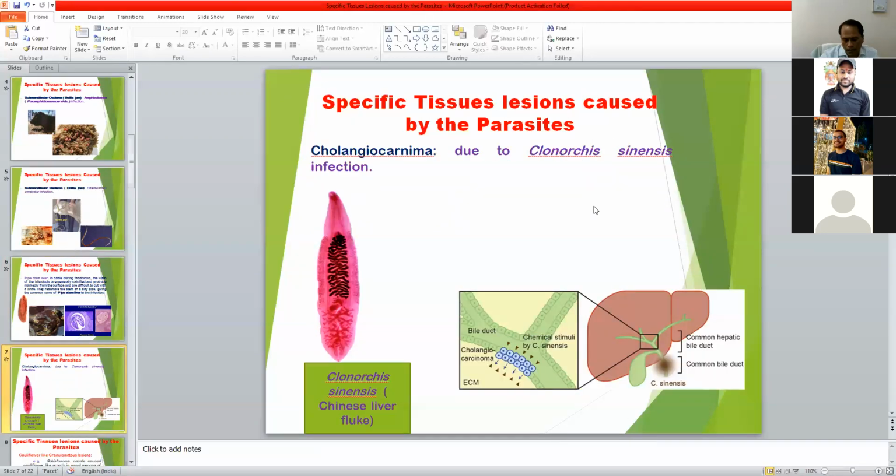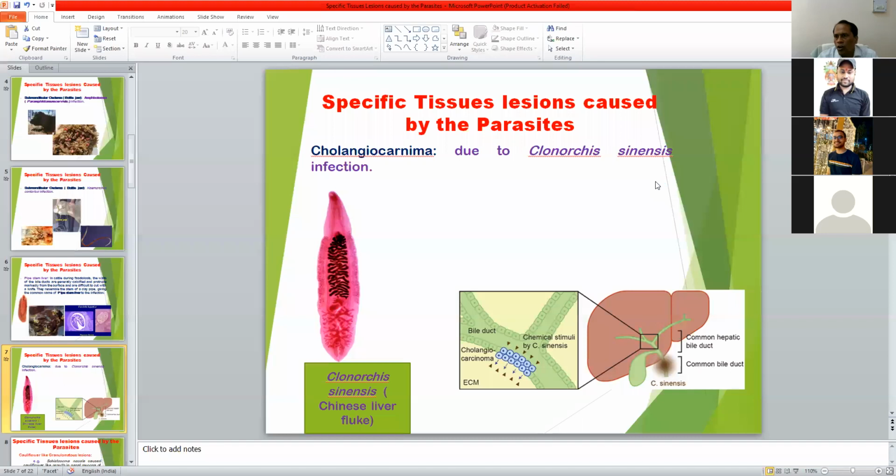Then another lesion, cholangiocarcinoma, is caused by Clonorchis sinensis, also known as Opisthorchis sinensis, commonly known as Chinese liver fluke. It is a trematode parasite also found in the bile duct, just like fasciola. Dog and cat are the final host, and man is also a final host. This is a zoonotic trematode parasite. The first intermediate host is a snail and the second intermediate host is fish.